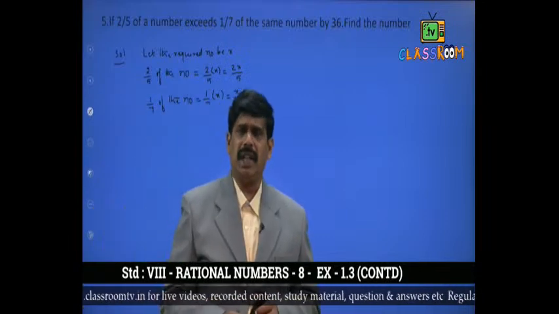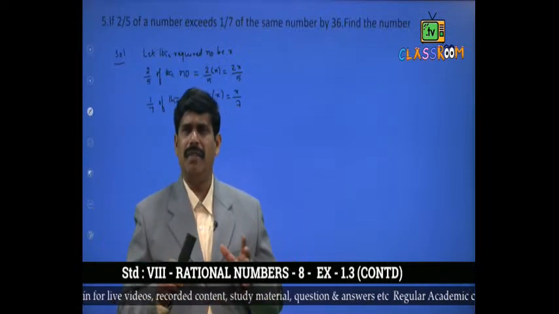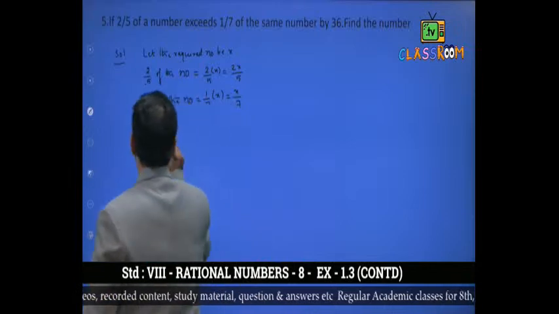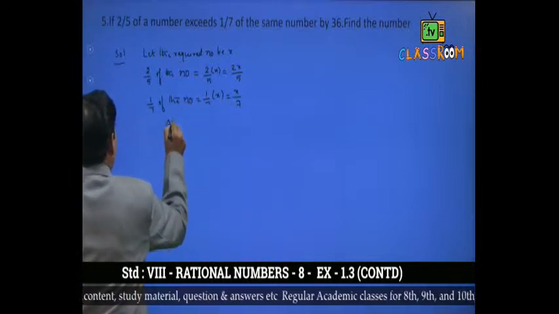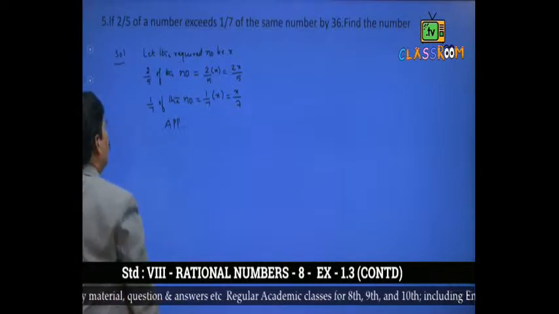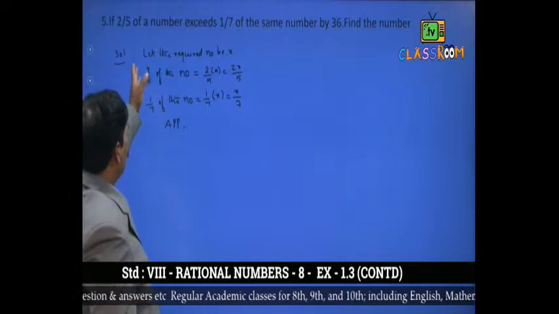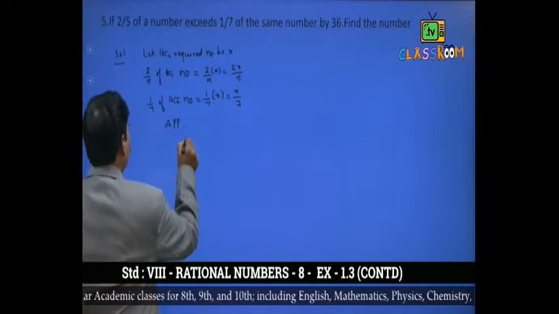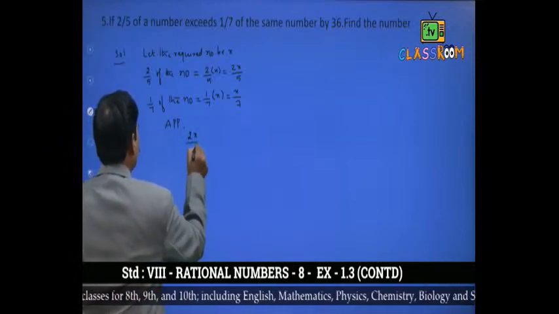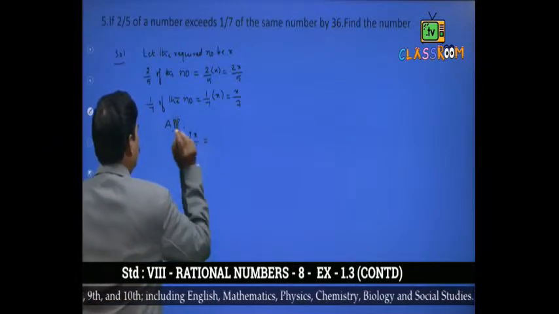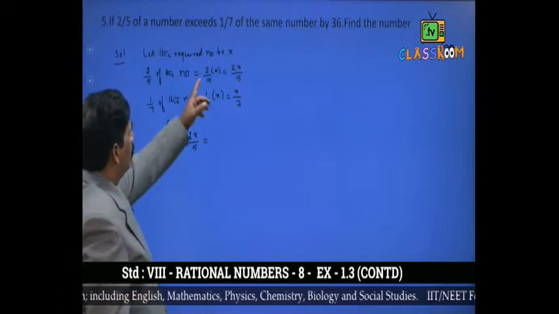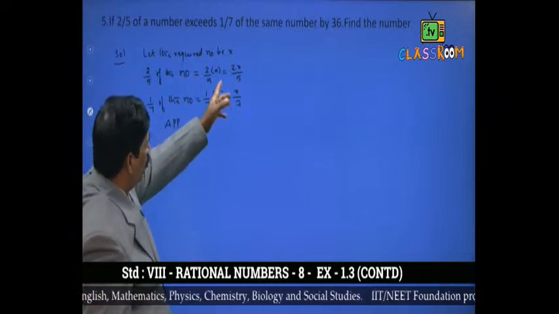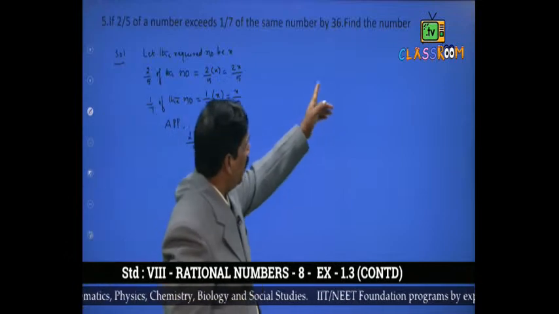Now what is the given condition? It is given here as per the problem. 2 by 5 of a number, that means 2x by 5, exceeds 1 by 7th of the number by 36.